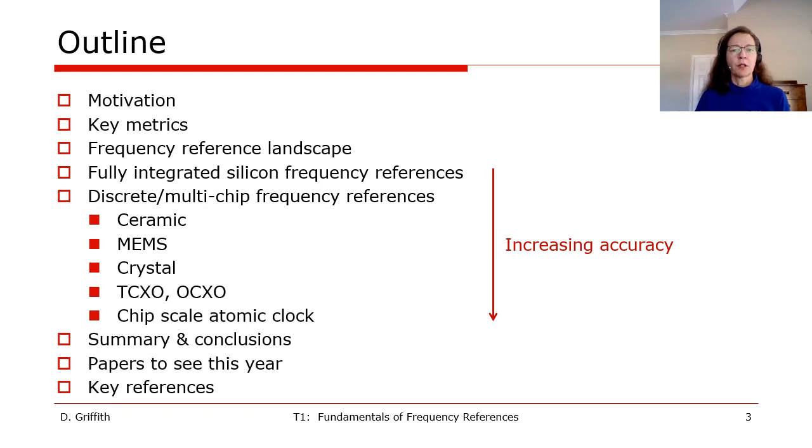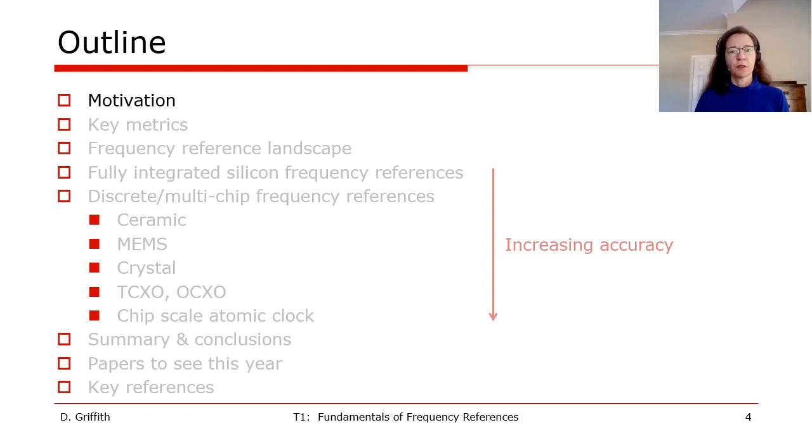I'll talk about them in order of increasing accuracy, starting with fully integrated silicon references, then moving on to discrete or multi-chip frequency references, which will include ceramic, MEMS, and crystal oscillators, followed by temperature-compensated crystal oscillators, oven-compensated crystal oscillators, and finally end with chip-scale atomic clocks. After this summary and conclusions, I will suggest some relevant papers to you that you should be sure to see at ISSCC this year. Finally, at the end of the tutorial, there's a list of key references to read if you'd like to learn more about any of these topics.